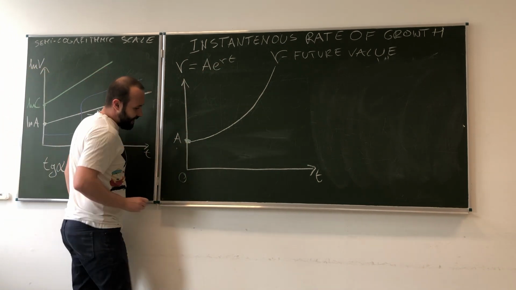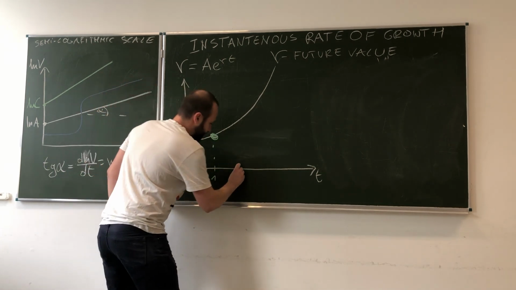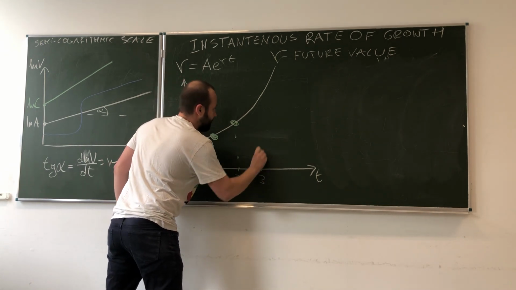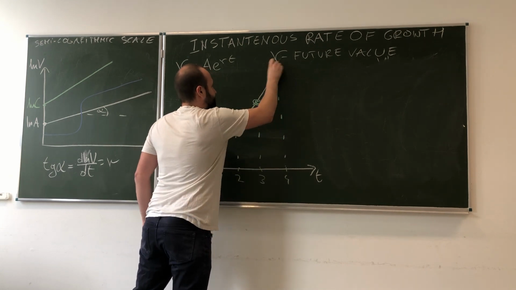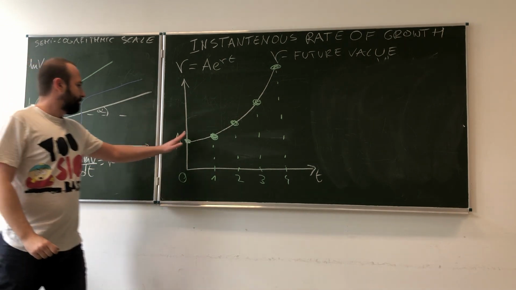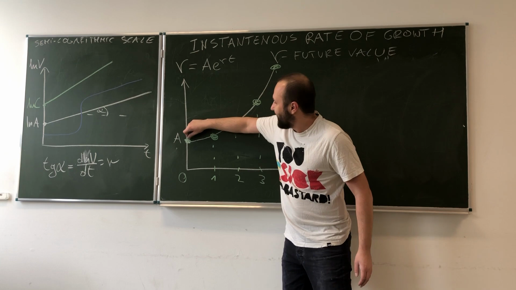So we would be here. Then, after 1 year, we would have this much money, 2 years, this much, 3 years, this much, and 4 years, this much, right?